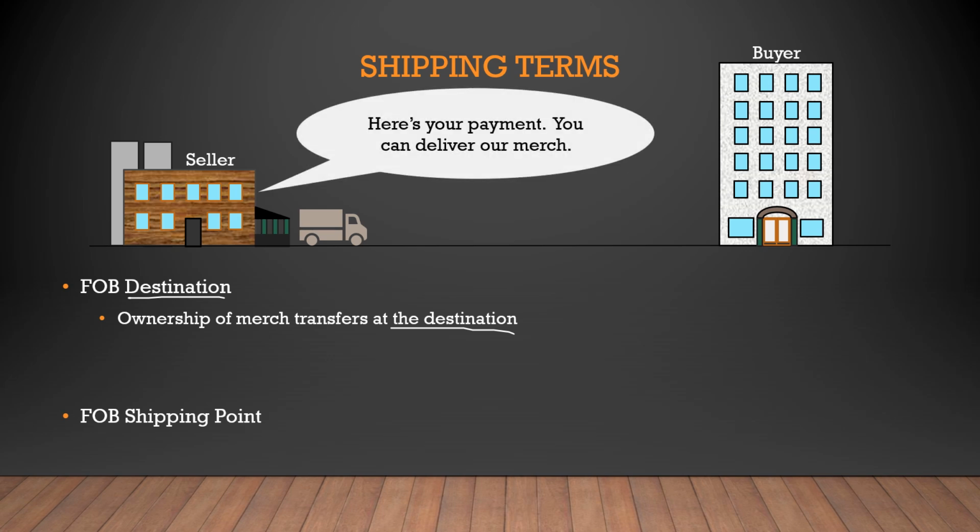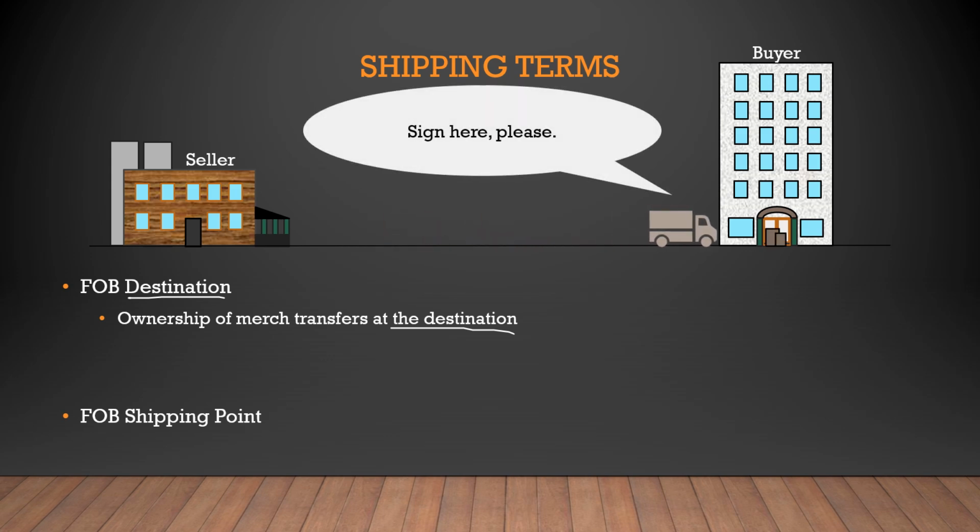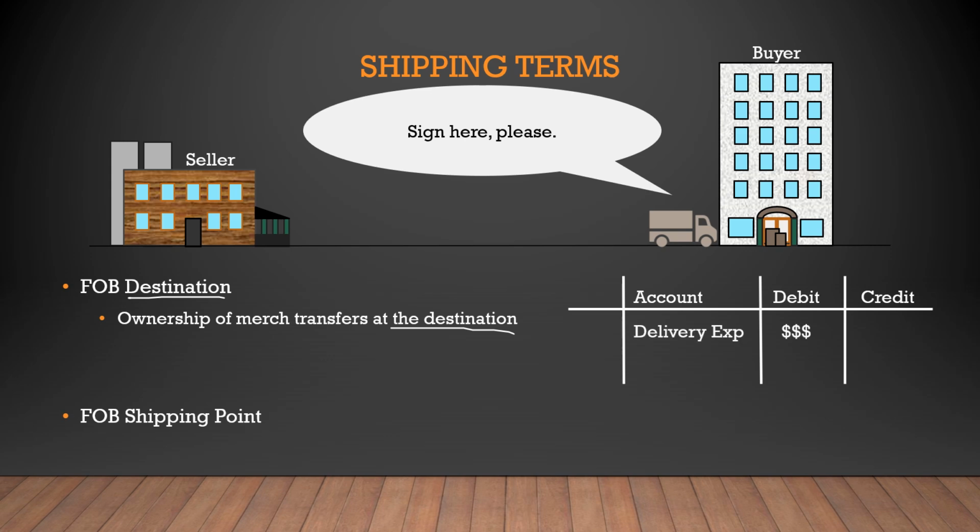Once it arrives at the customer's location, the buyer signs for the delivery, taking legal ownership at the same time he or she takes possession. When the selling company pays for delivery, it records it as an expense. In other words, it'll debit something like delivery expense and credit cash.